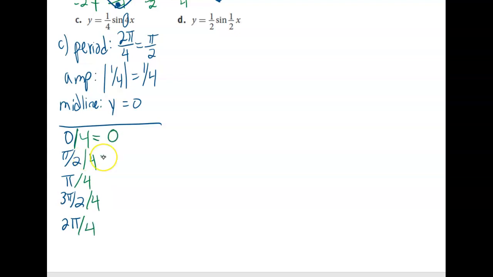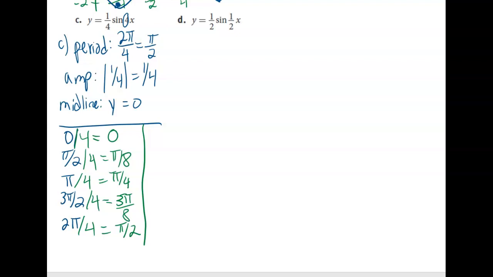So we get 0. Again, dividing fractions, you multiply by the reciprocal. So this is going to be 2 times 4 in the denominator, so 3 pi over 8. 2 pi over 4 would reduce down to pi over 2, which makes sense because that's our period.